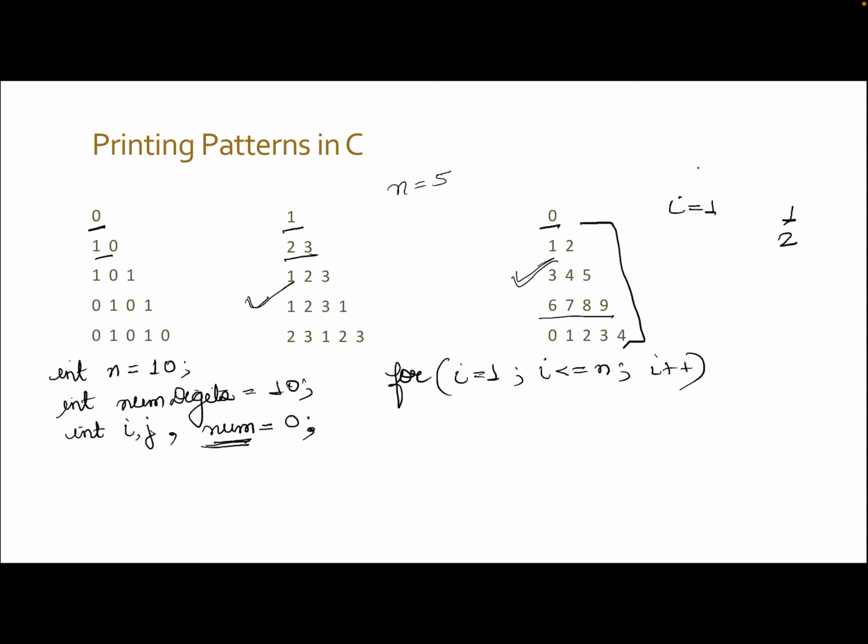When i is 3, I have 3 digits or 3 symbols to print. So here j is initialized by 1, and this loop will execute till j is less than or equal to i, and j plus plus.